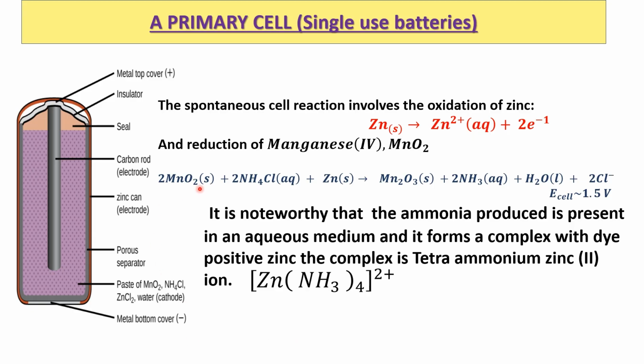So the reaction occurs this way continuously for some time, and as the reaction goes on, after some time it fades and the voltage drops down. Therefore, this cell becomes useless and we have to throw it out. It cannot be recharged. That's why this is known as a single-use cell, which can be used as a battery also.